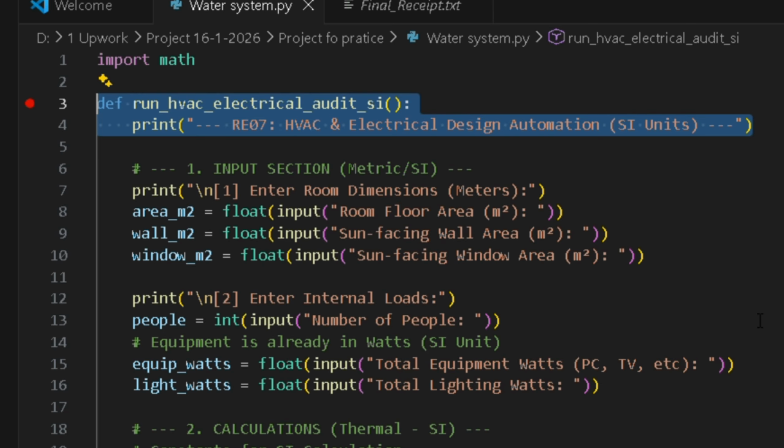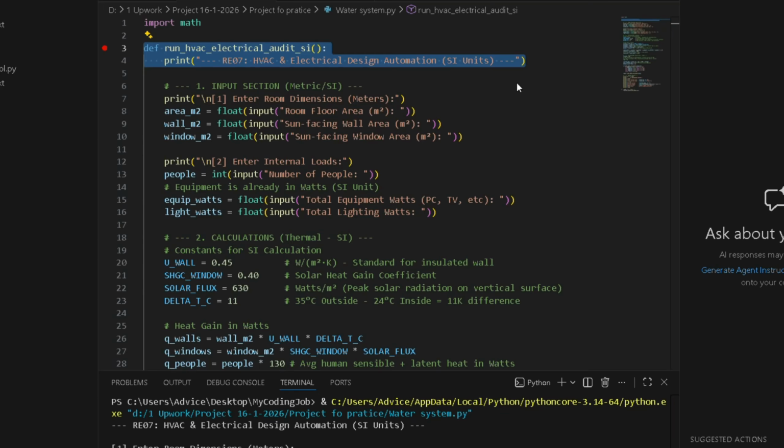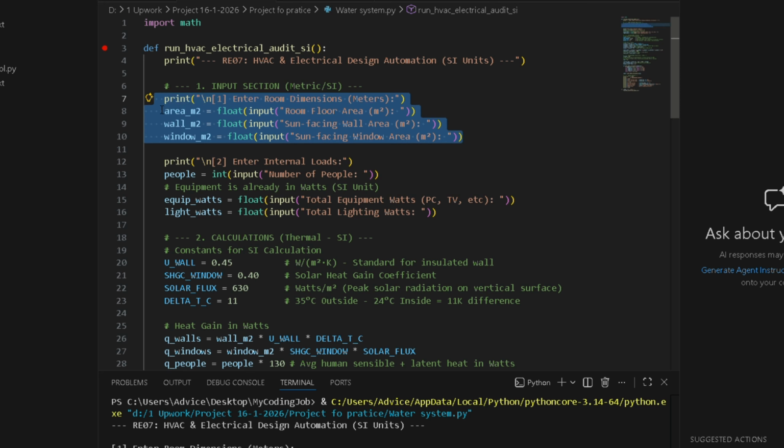Input section, room dimensions. The first input section collects geometric data of the room. area_m2 equals float, input, room floor area, m squared. wall_m2 equals float, input, sun-facing wall area, m squared. window_m2 equals float, input, sun-facing window area, m squared.